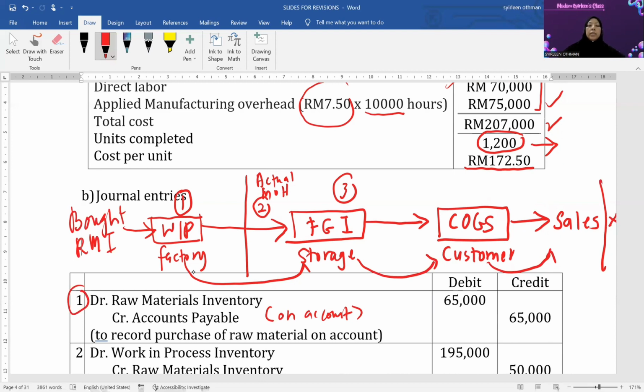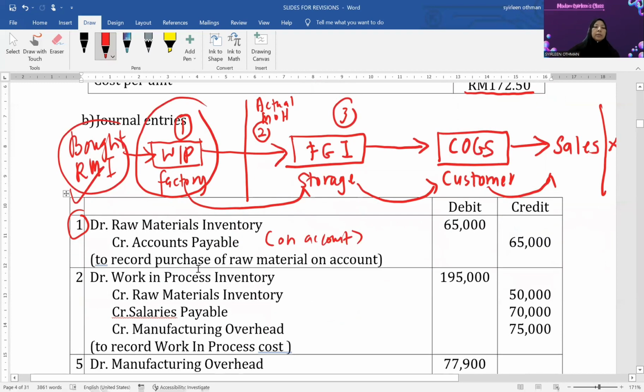Okay, so ini dekat sini, I'm here. So this is done. So the second thing that I need to journalize ialah apa yang berlaku dekat kilang here. So yang itu kita bawa semua production cost into the factory. So I will debit work in process inventory sebab dia masuk dalam kilang. And inventory is an asset. So asset bertambah, kita akan debit work in process inventory.